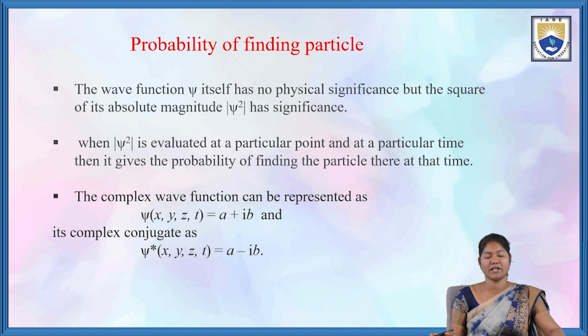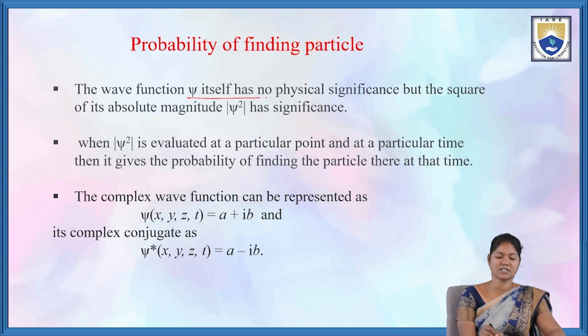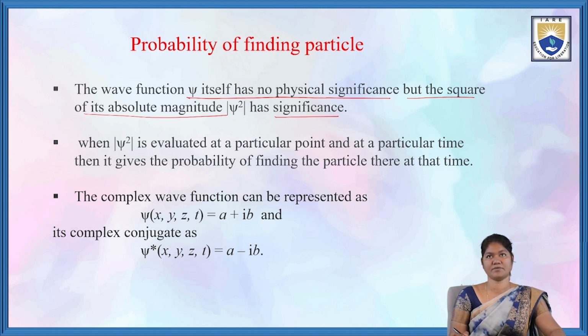Now, the probability of finding the particle: the wave function psi itself has no physical significance, but the square of its absolute magnitude, modulus psi squared, has physical significance.